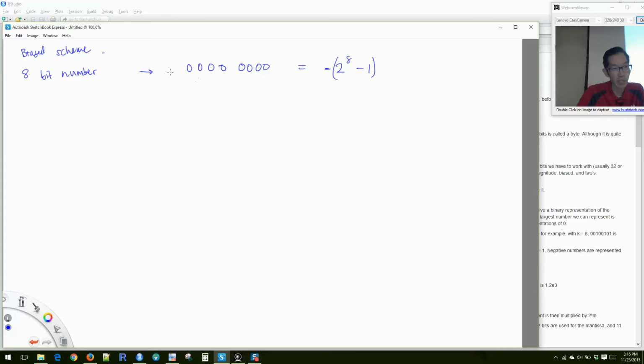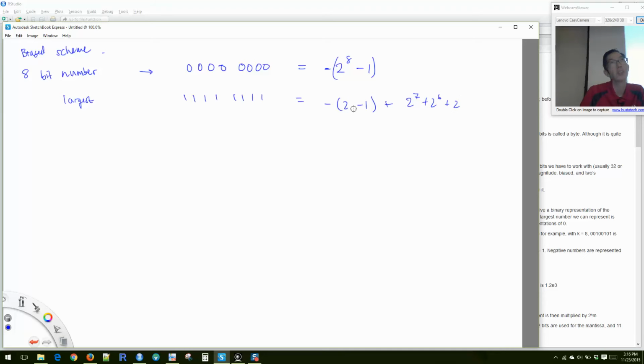The smallest value in the 8-bit scheme is represented by all zeros, and the largest value is represented by all ones. This would be equal to negative 2 to the 8 minus 1 plus basically 2 to the 7 plus 2 to the 6 plus 2 to the, wait, I'm sorry.